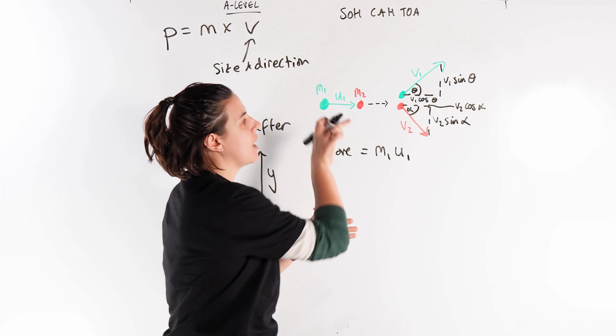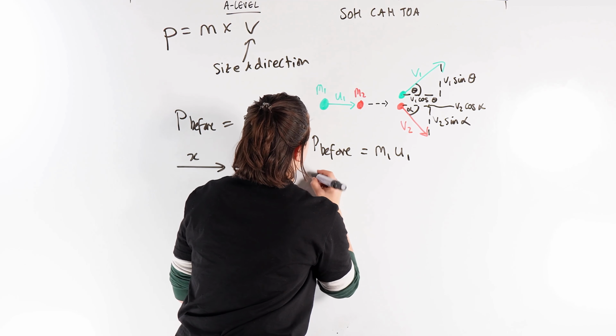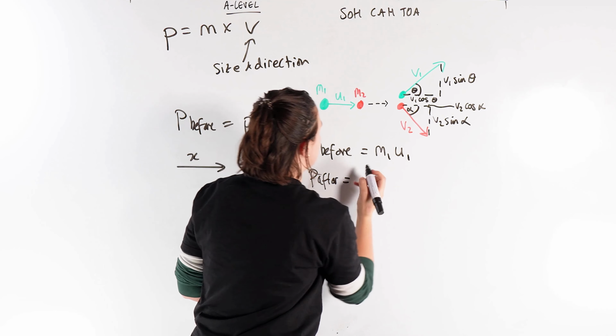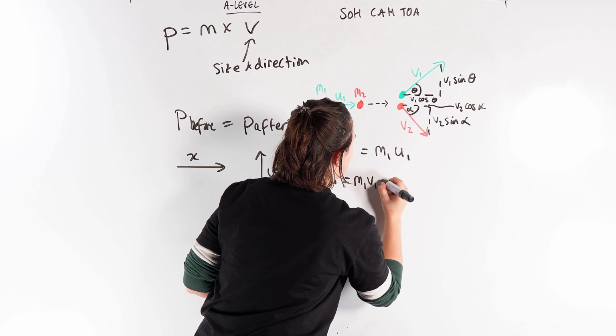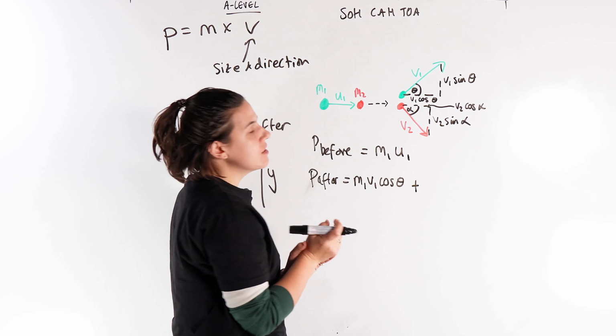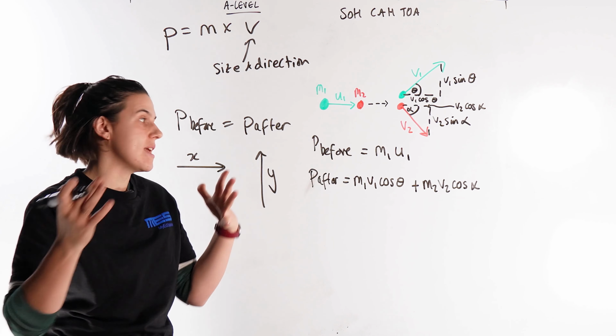And I'm just going to look in the x direction to start with. So the momentum after would be this green ball, so m1 v1 cos theta, added to the momentum of the red ball, which would be m2 v2 cos alpha. And because momentum before has to equal momentum afterwards, I can write all this out as one big expression.